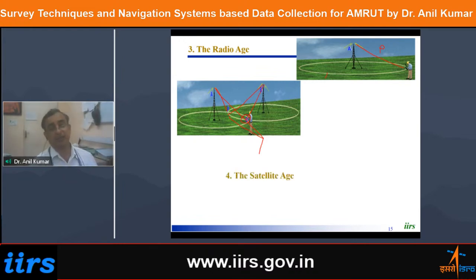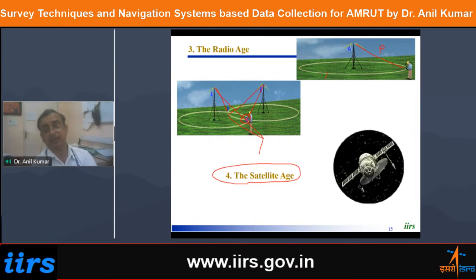But the fourth age is the satellite age, where they have used the concept of the star age as well as the radio age using satellites. Here the natural planets have been replaced with artificial planets. Second, these antennas are not mounted on the ground, they are mounted on these platforms.